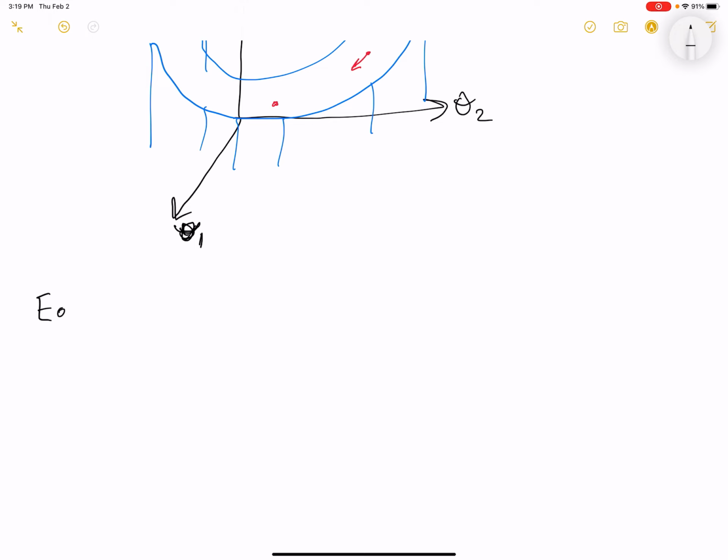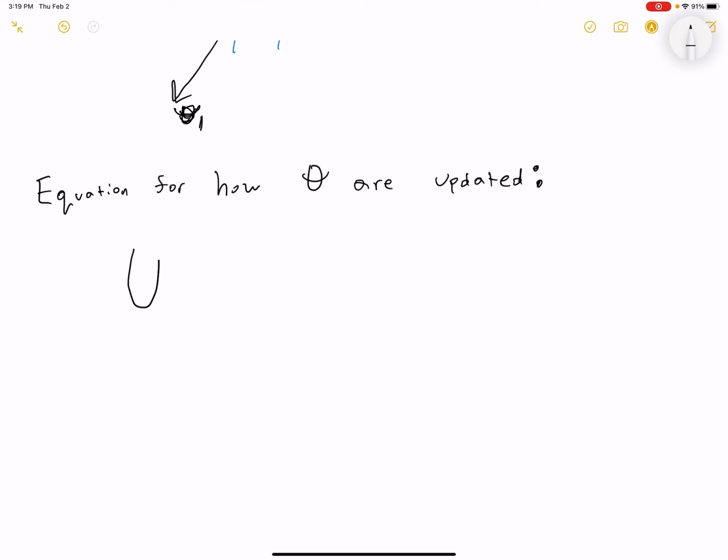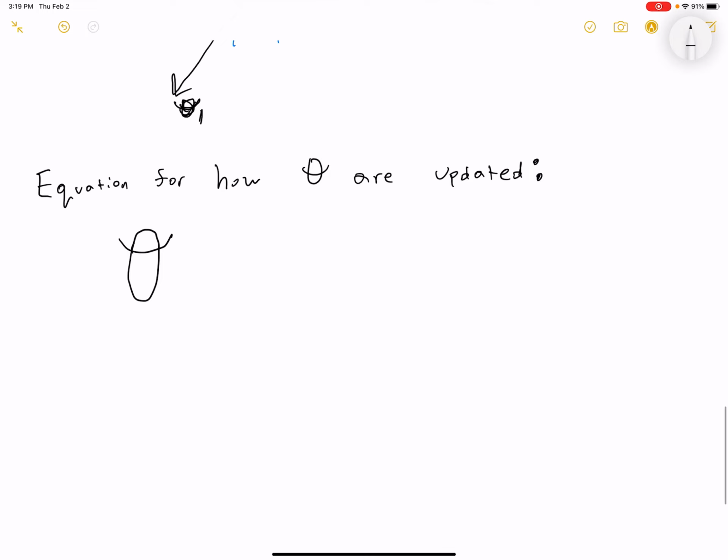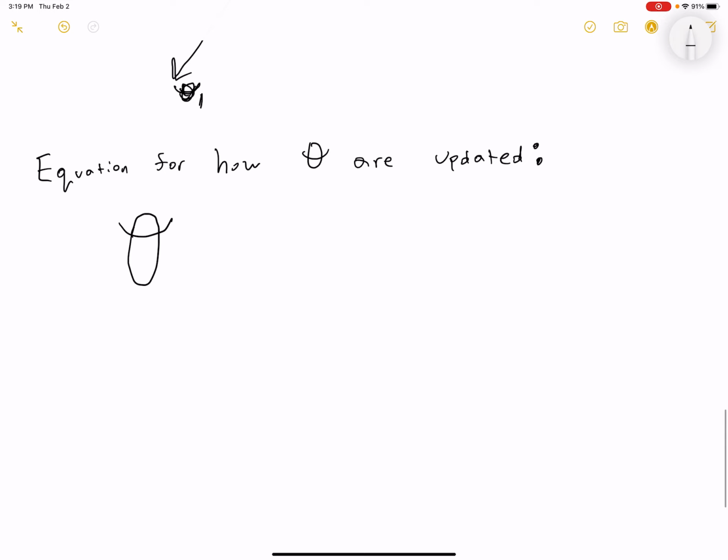The equation is that our parameter value at time i+1 and the jth parameter value, because we could have multiple parameter values, so we're using two indices, just like a nested for loop.